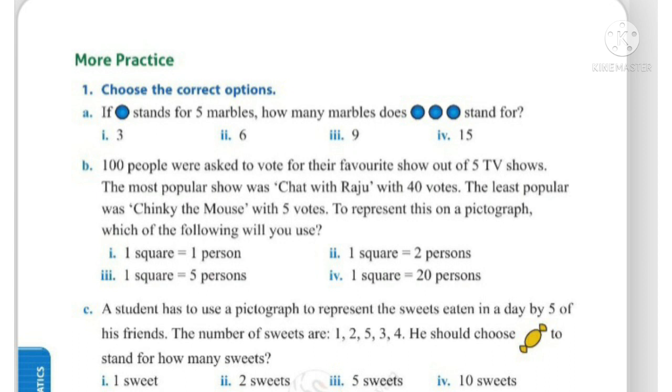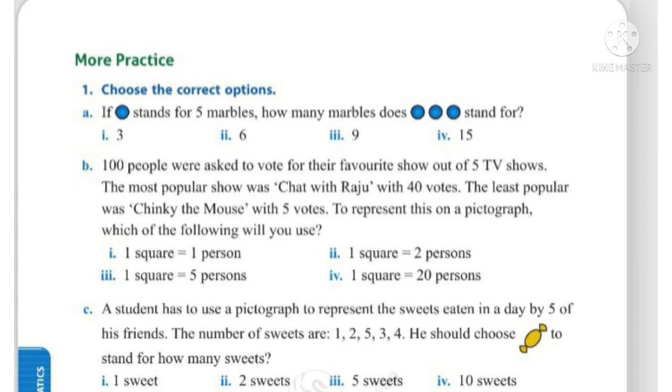So first question, see children, if one blue circle stands for 5 marbles, how many marbles does 3 blue circles stand for? Okay, so here information is given that one blue circle stands for 5 marbles. And yes, how many marbles does 3 blue circles stand for?